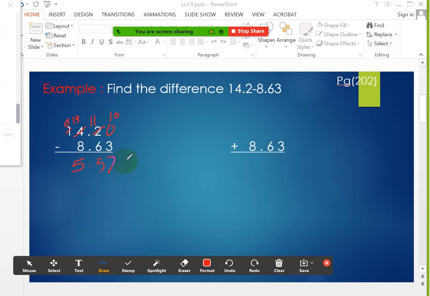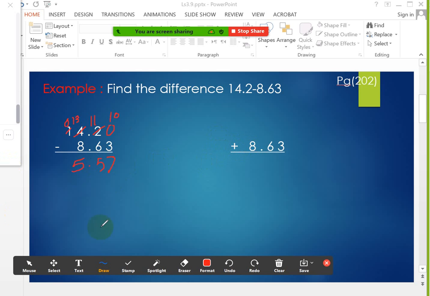Now, girls, you know in subtraction there is a check step I can do to check if my answer is correct or not. The check step says that you can take the answer and add it to the smaller number, and the answer must be the bigger number. So let's use the inverse operation, which is addition, to check.